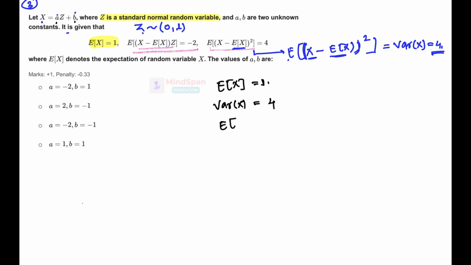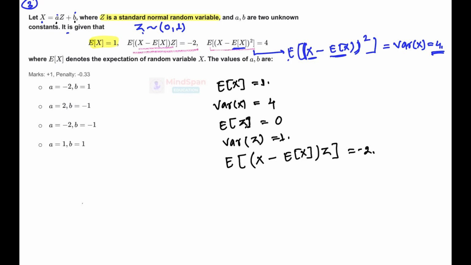The expectation of this random variable Z, since it is a standard normal random variable, is 0, and the variance of Z is 1, right? And apart from this we have one more piece of information, that the expectation of (X minus expectation of X) times Z is equal to minus 2.